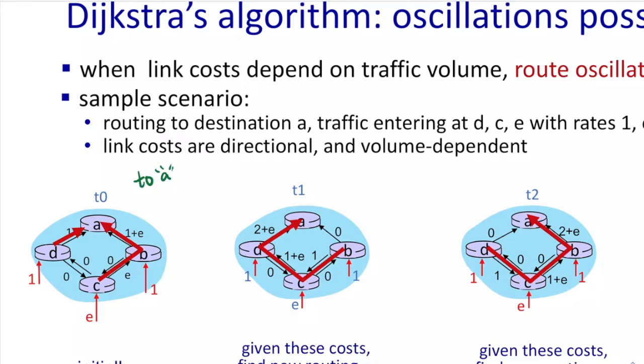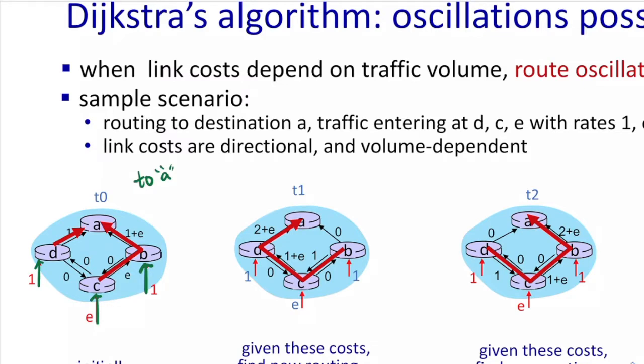Take a look at this figure, T0. That means at the very beginning, at time 0, B, C, and D would like to route packets to A. C would like to route an amount of packets which is epsilon. Epsilon means a small amount.